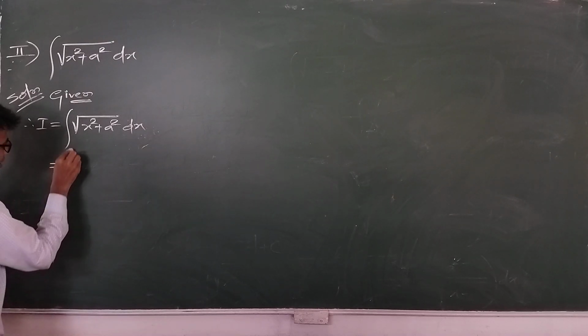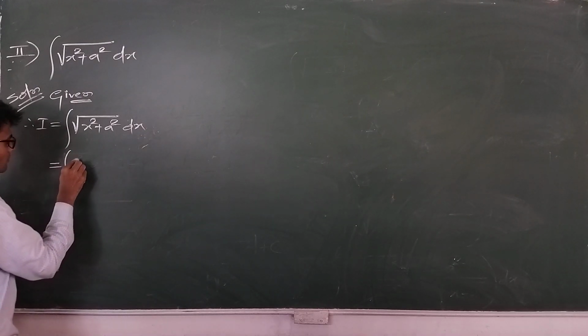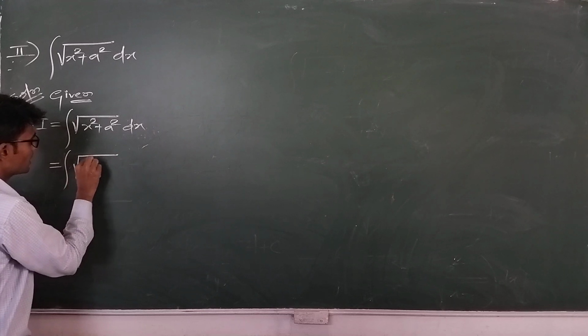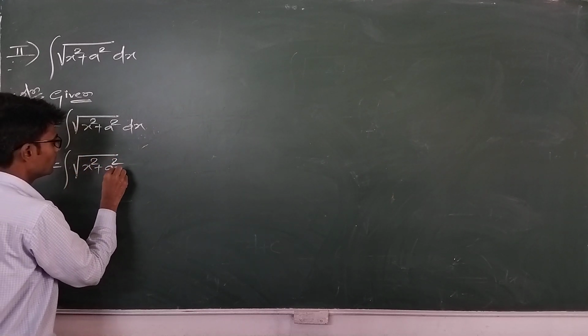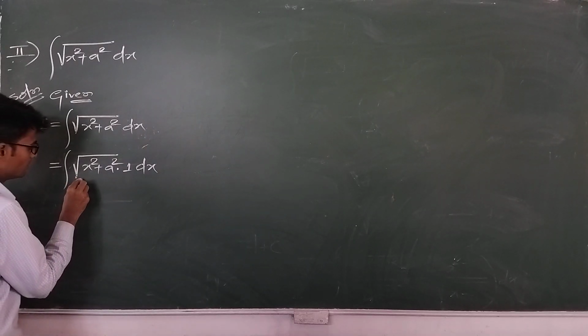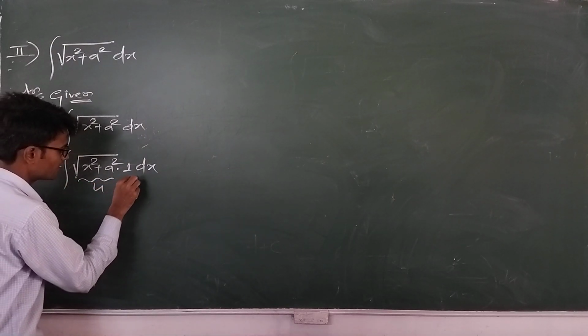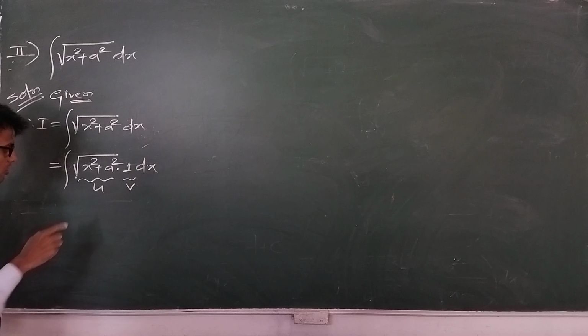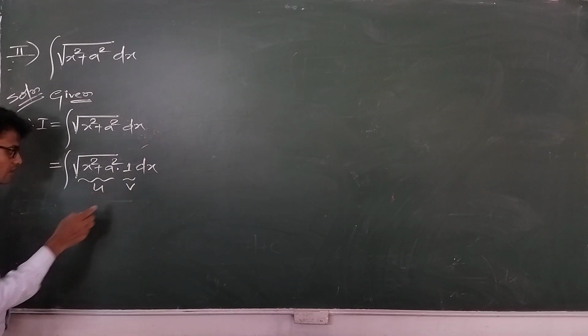So this is equal to integration of square root of x square plus a square into 1 into dx, and you call this u, and this one v.